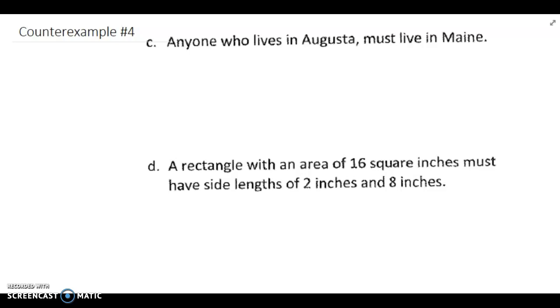Well, couldn't you live in Augusta, Kansas? That would prove the statement false. Anyone who lives in Augusta must live in Maine. No, you could live in Augusta and live in Kansas. So that would be an example.